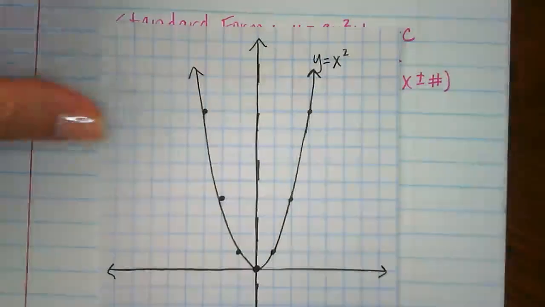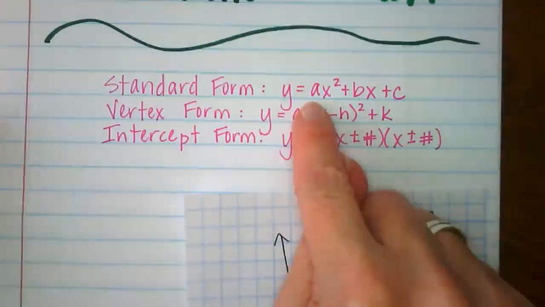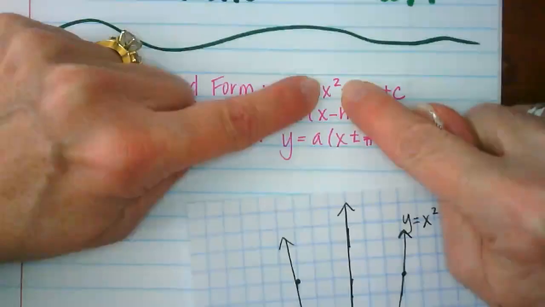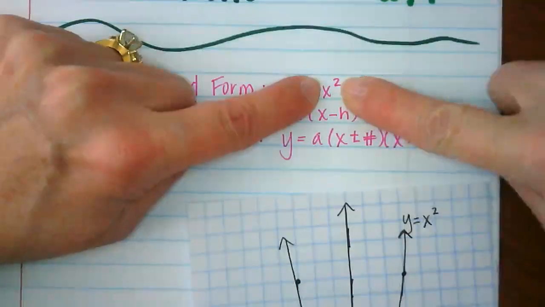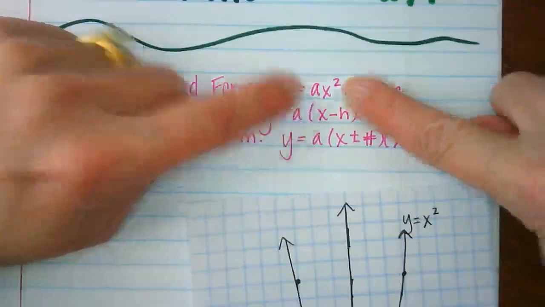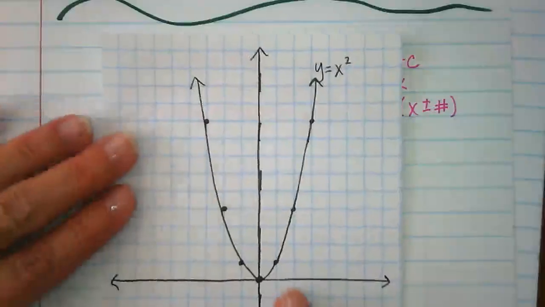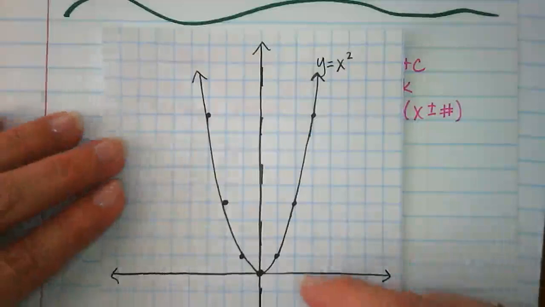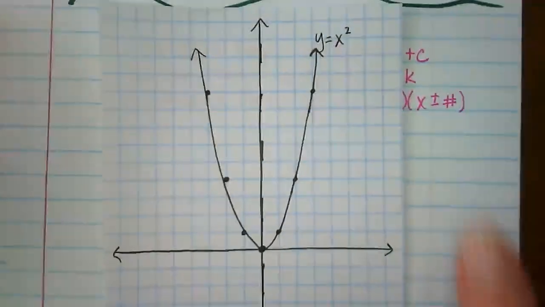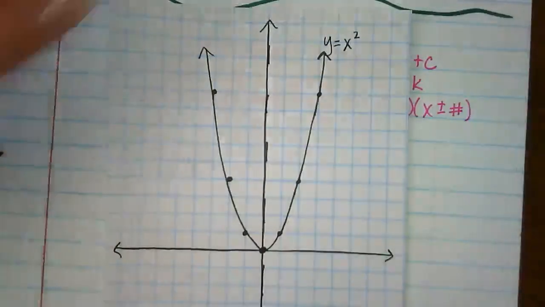The bottom line is that when we have a number in front of our x squared, after we square our x value, we're going to multiply it by that number. This is going to affect how many spaces we go up or even down. I'm going to show you that in a minute also.